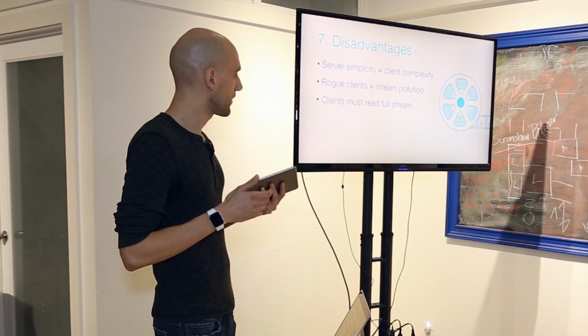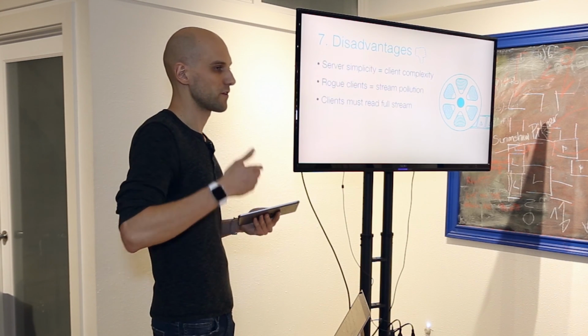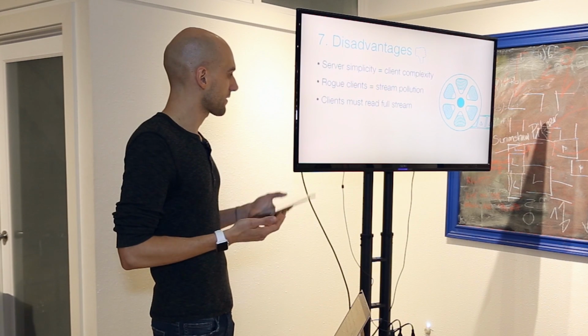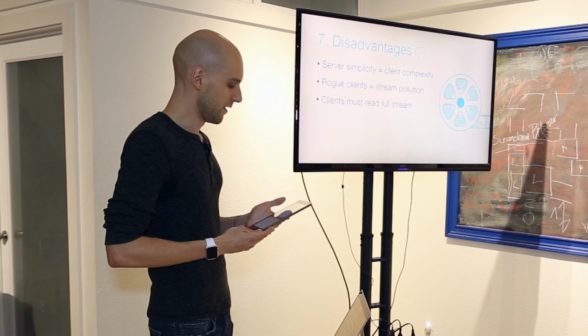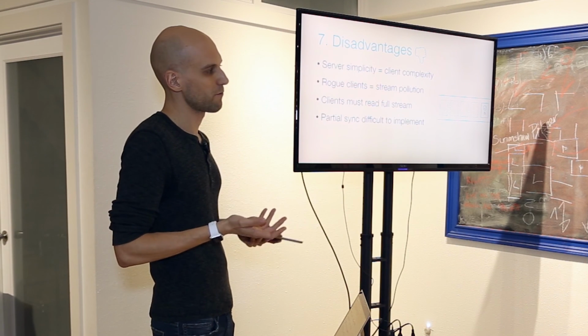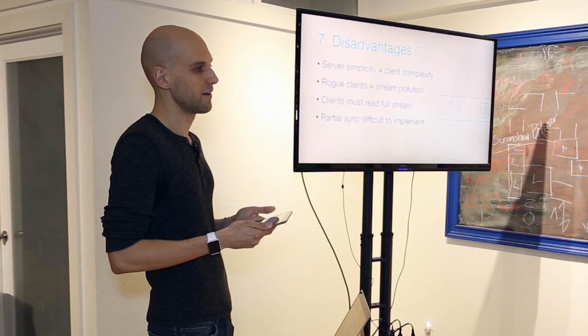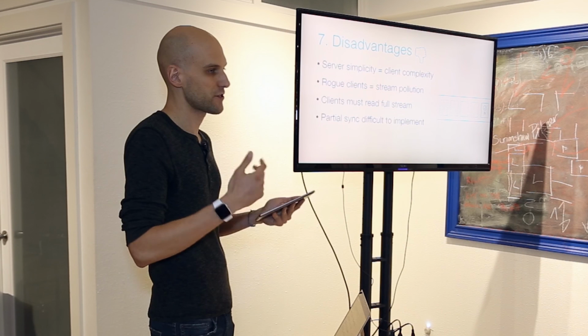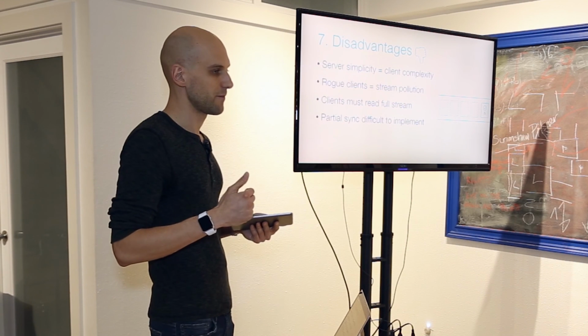One other thing is that we need to read the full stream in order to get into a fully consistent state on our clients, and that can grow out of bounds too. We could say, all right, maybe we just need the last 10 tasks because our app allows that, and we could just fetch those events from the stream.